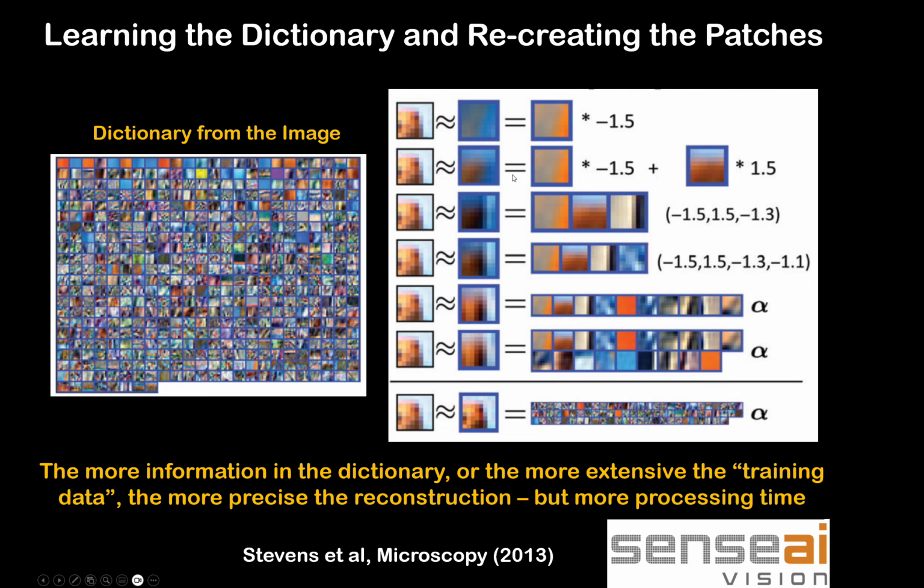But for our case, we don't want the full dictionary because the full dictionary is very complex. What we want to do is to find the smallest number of dictionary elements that allow us to reconstruct our image without losing any information. And so this is the process that we're trying to do in our experiment. We're trying to take our number of pixels down as small as it will go.